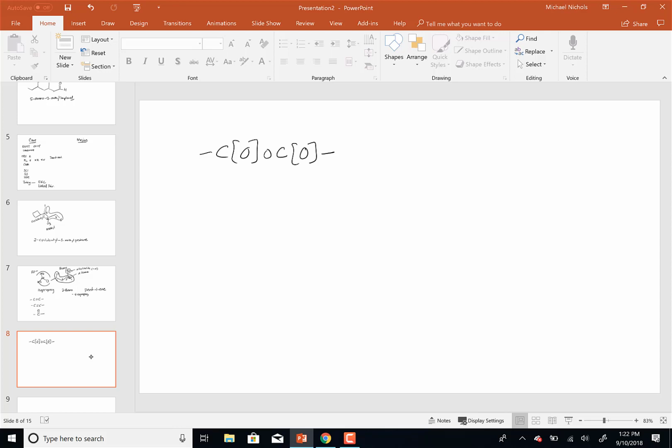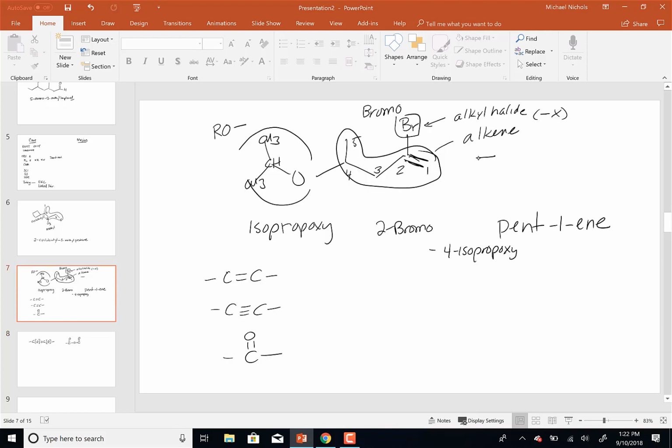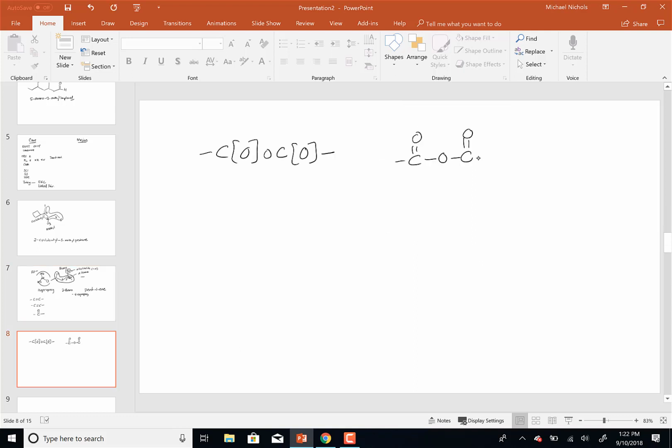So this structure is C double bond O attached to an O attached to a C with another double bond O. So the structure on the right is the structure on the left.